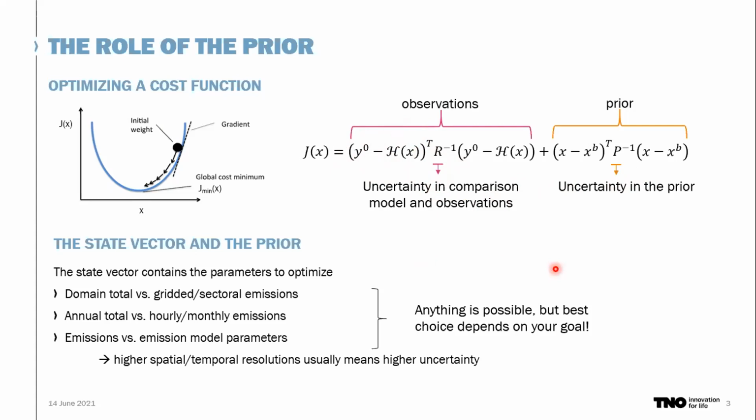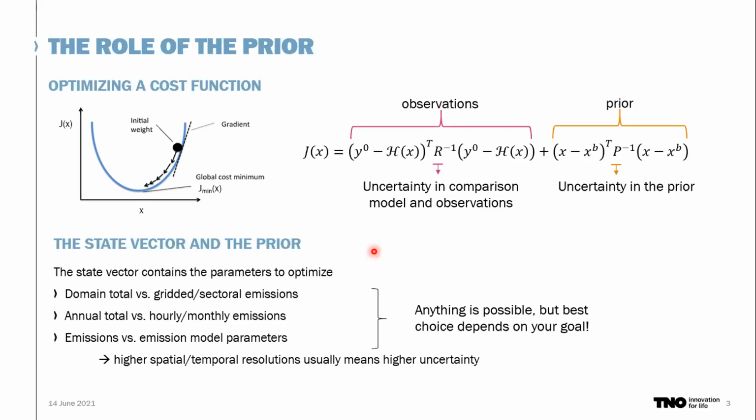But also the other way around, if you have observations that you do not really trust, but you do have a very good prior, the optimized emissions will be very close to the prior. So these two factors, these uncertainties, are very important in determining basically where you end up with your inversion. So it's very important to really think about these terms.